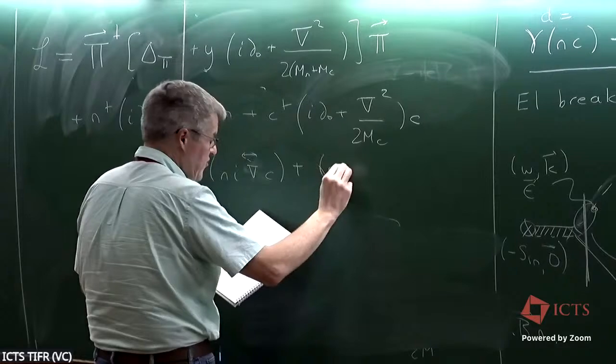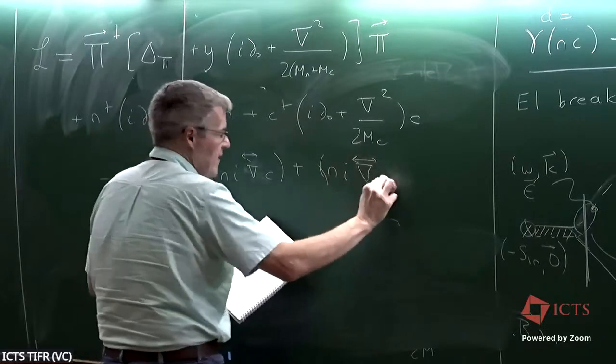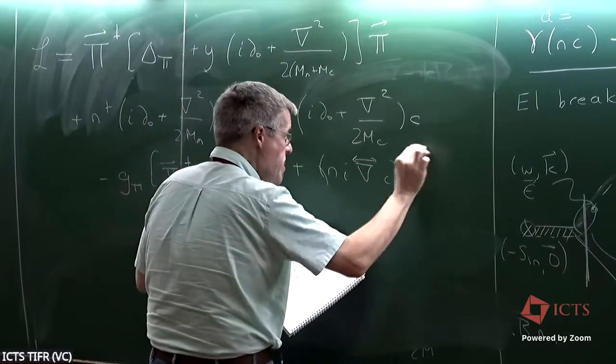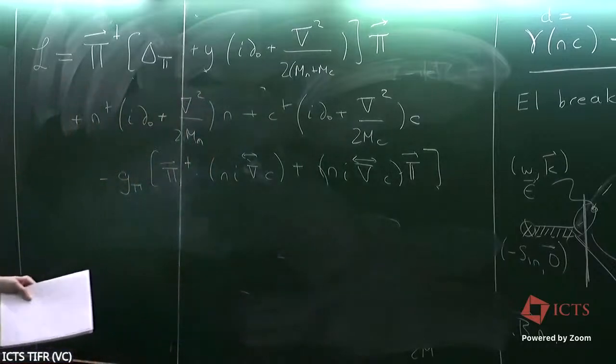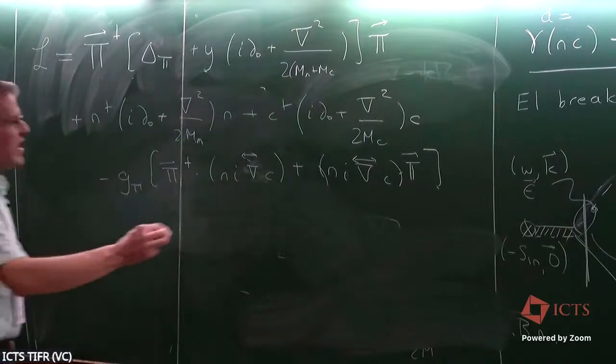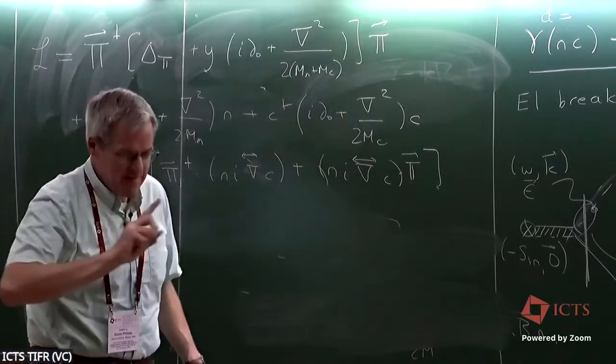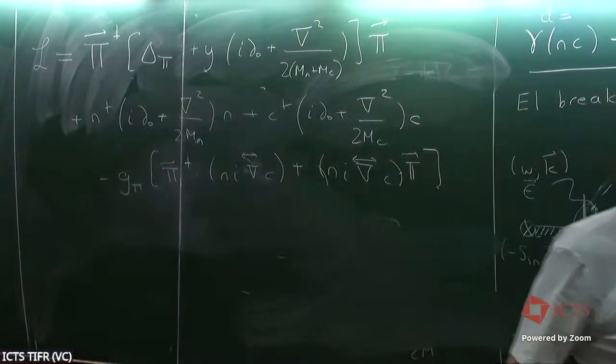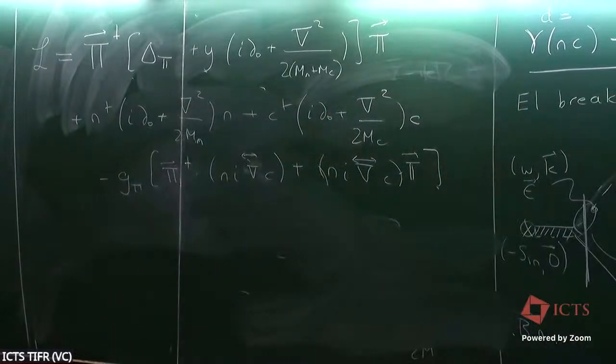So here I'm just using this relative momentum operator to give me a vertex. Okay, so here, interesting question. So the dimer propagates in the center of mass frame of the total system, right?